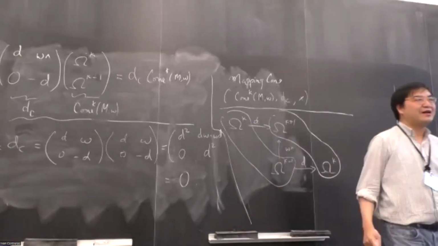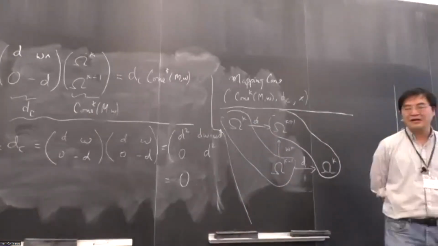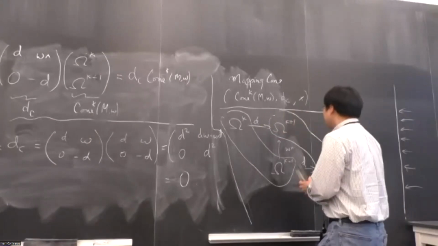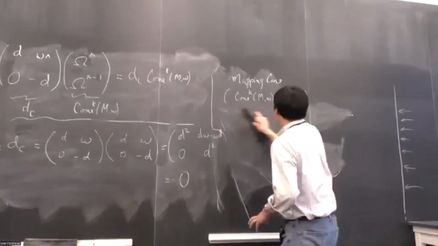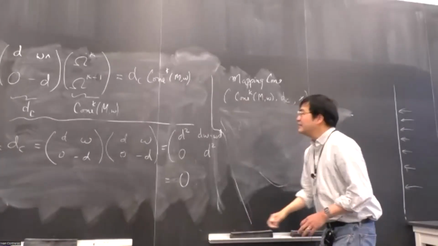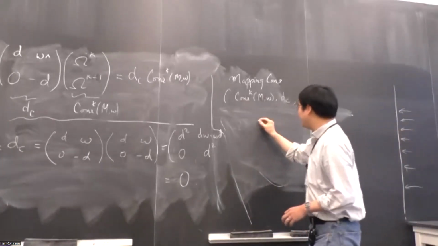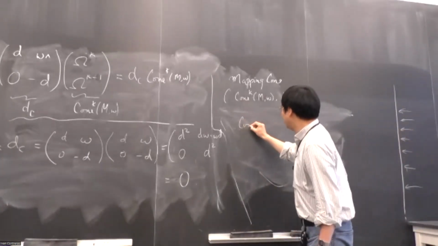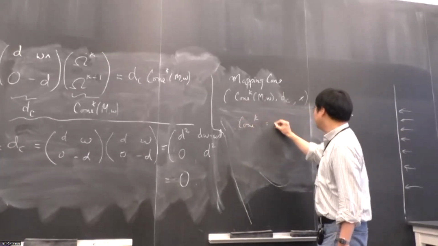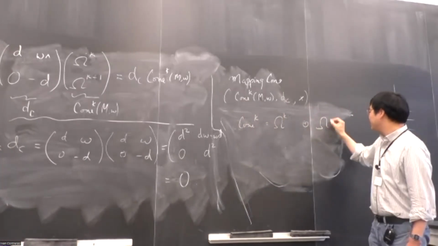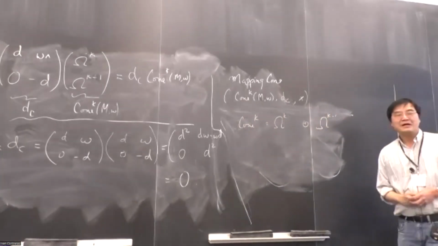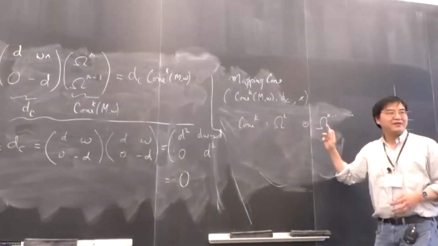How about the product? How do we get the product? Well, our cone consists of this omega k and omega k minus 1. Now, these have different degrees.